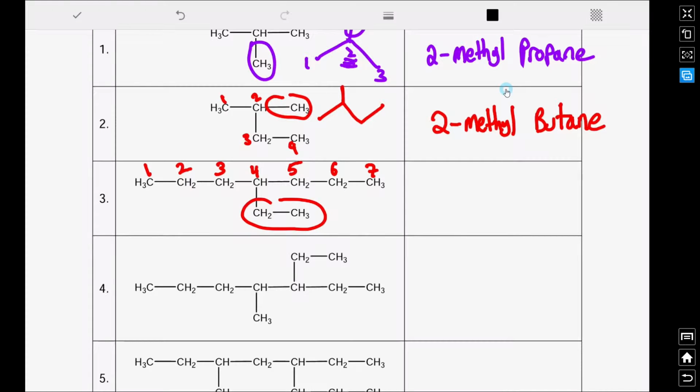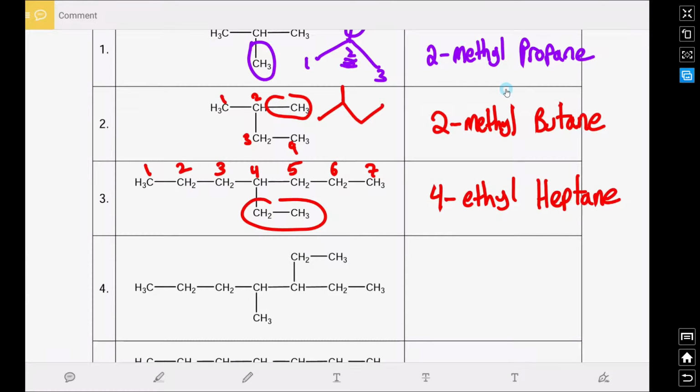Okay, so the longest carbon chain is a 7. So we'll start off by calling this a heptane. I have a single branch. It is a 2-carbon branch. So 2 carbons are eth. But because it's a branch, it's called an ethyl. And then that carbon branch appears on the number 4 carbon, so this is 4-ethyl heptane.